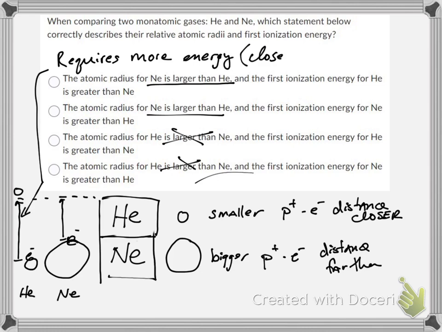To get it from the orbital energy up to zero. Because remember, the orbital energy is negative, it's attractive. And so here we see that this requires more energy, the helium does, than neon. Neon has an outer shell, the electron's farther away, it's much closer to zero, and it requires less energy to promote it. In that case the first ionization energy for helium is greater, and we would pick A.